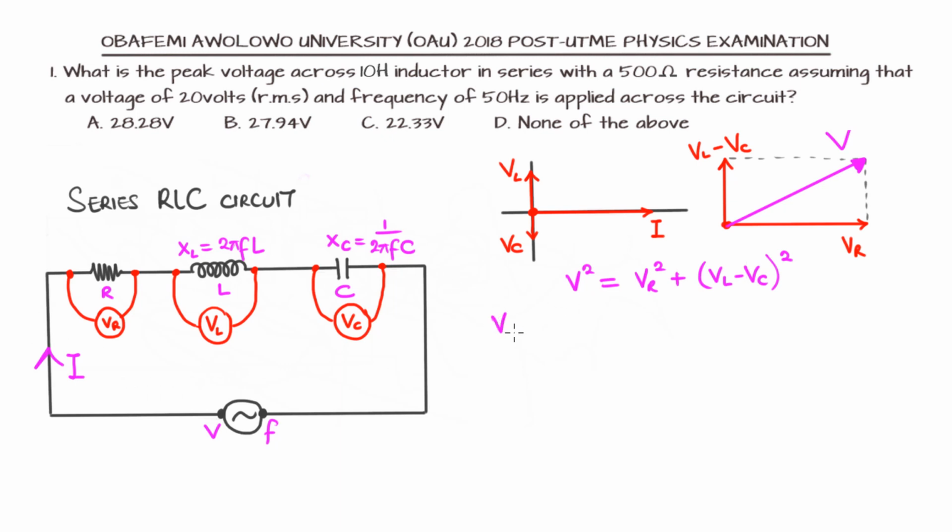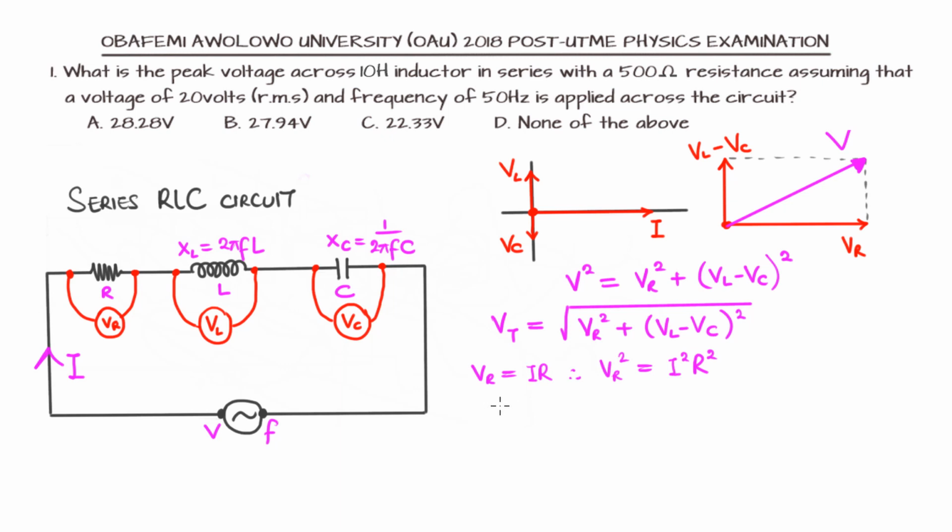So if we are to solve this, the voltage applied across the circuit will be the square root of VR raised to power 2 plus (VL minus VC) all raised to power 2. So now, we know that the VR is IR, the current multiplied by the resistance. And so VR raised to power 2 will be I raised to power 2 multiplied by R raised to power 2, right?